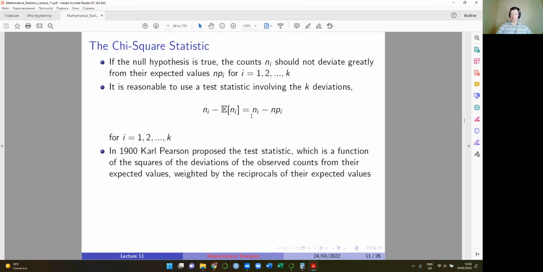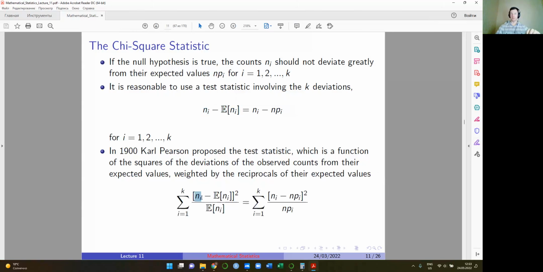More than 100 years ago, the mathematician Karl Pearson proposed the test statistic, which is a function of the squares of the deviations of the observed counts from their expected values. So we need to take these deviations and square them, and it looks similar to the sum of squares that we discussed during the previous lecture. But we weight this sum of squares by the reciprocals of the expected values, like this.